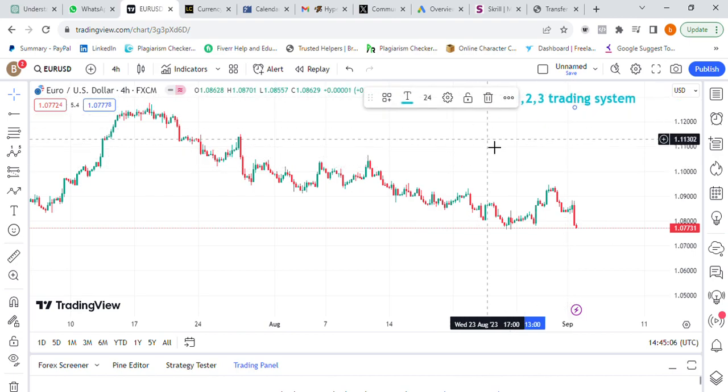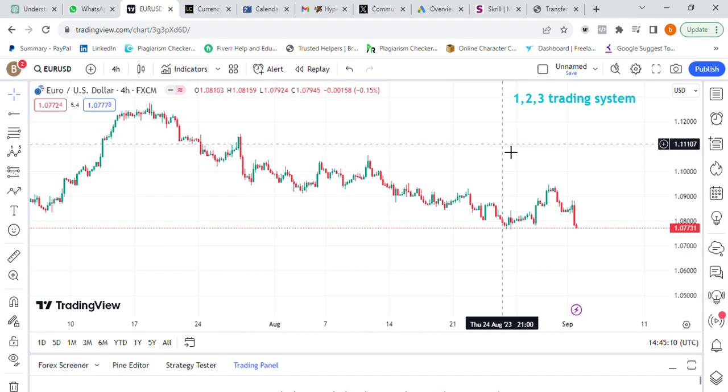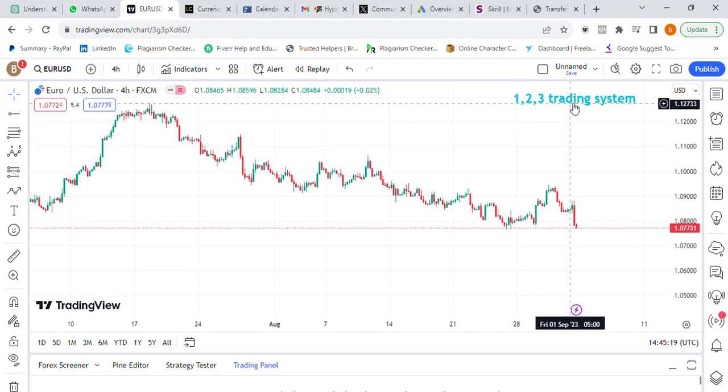And how does it work? Simple as it is, the name calls it: 1-2-3. You identify the number 1 point, which is the existing trend. It's more or less a trend reversal system.